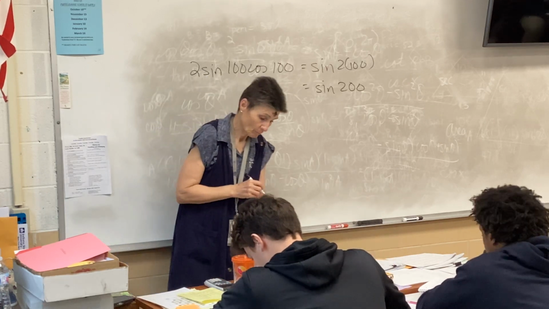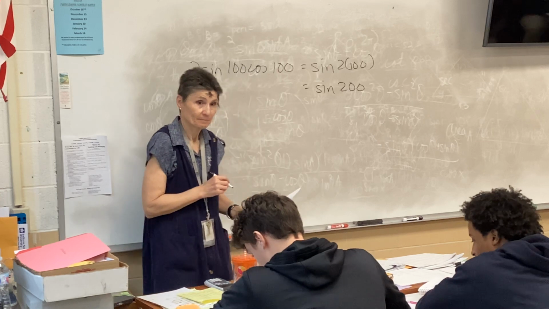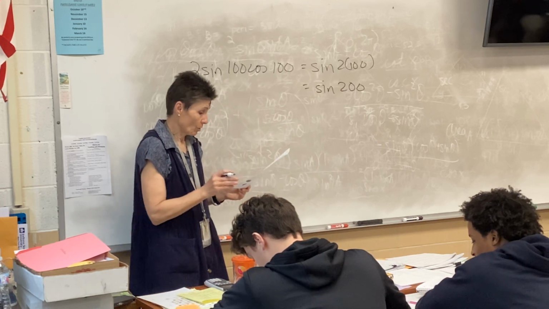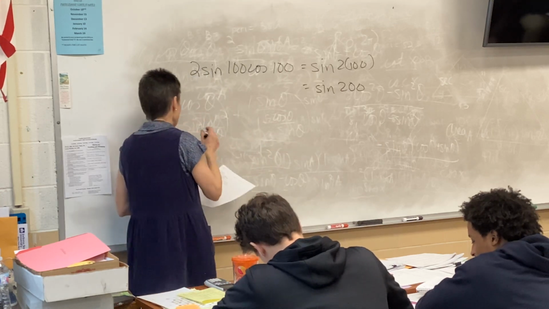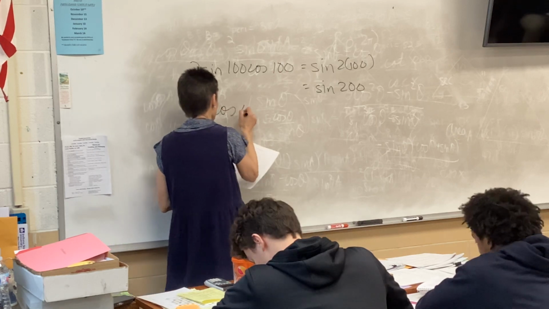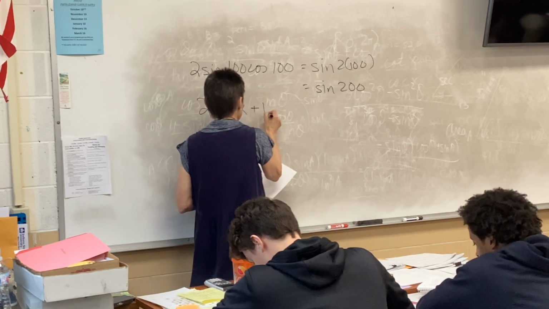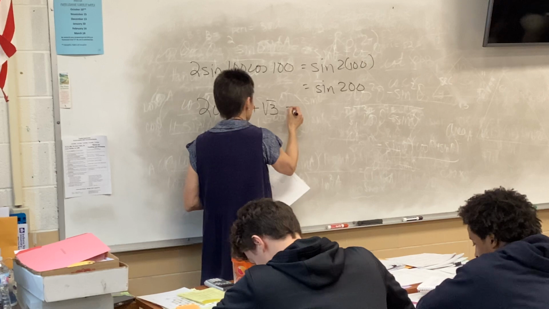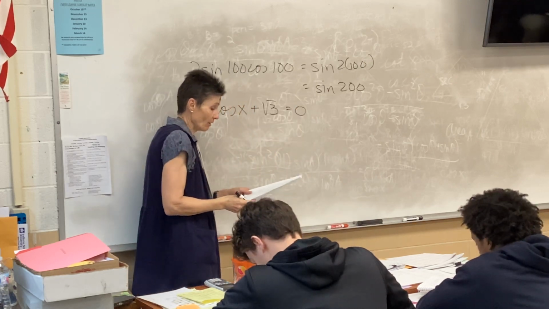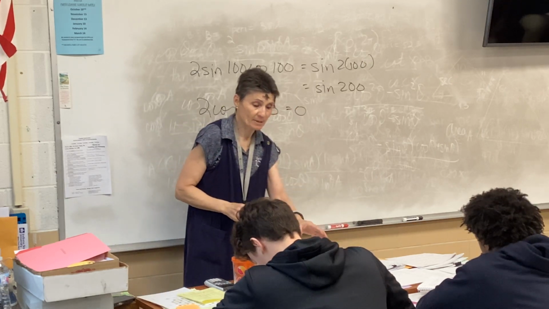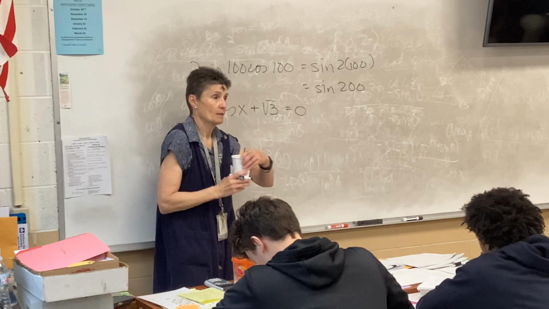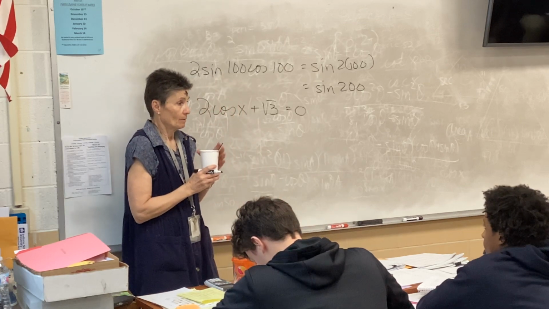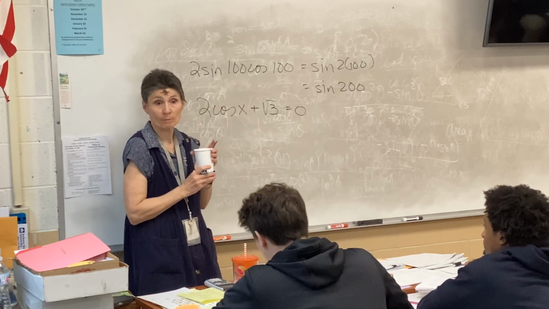Leah? Can you do 4C? 4C is a solved problem, equation, and I'm to find all the answers in radians. And when we say find all the answers, what does that mean? Oh, plus. We need the coterminals, right?